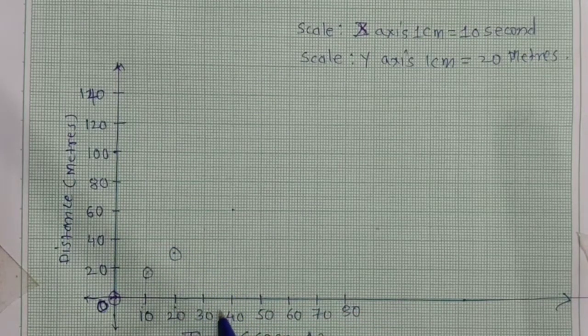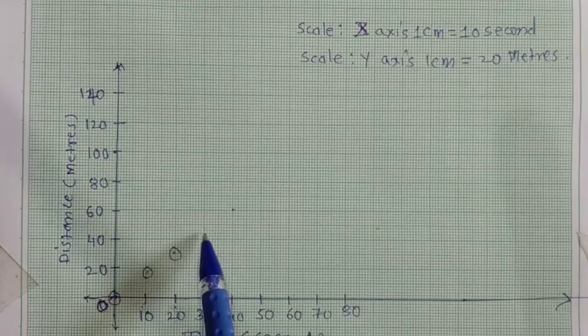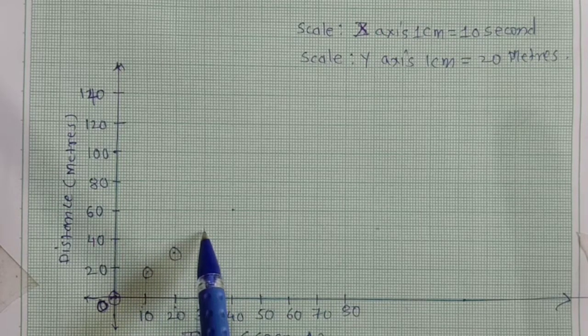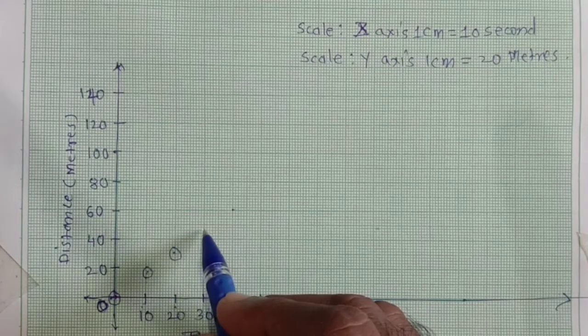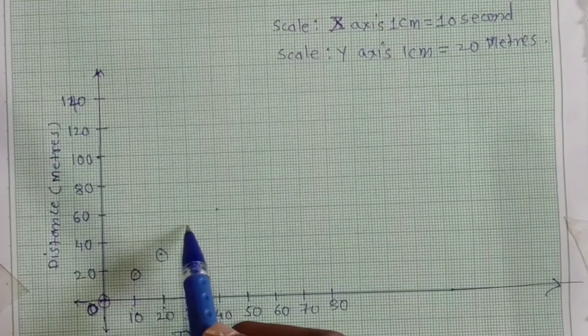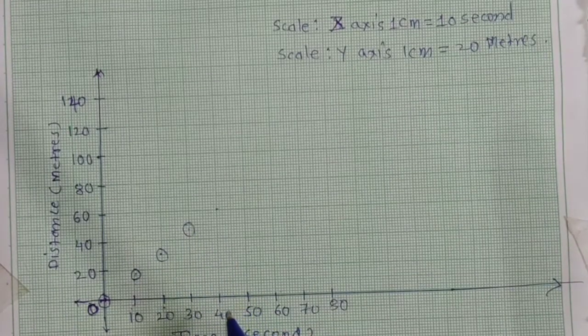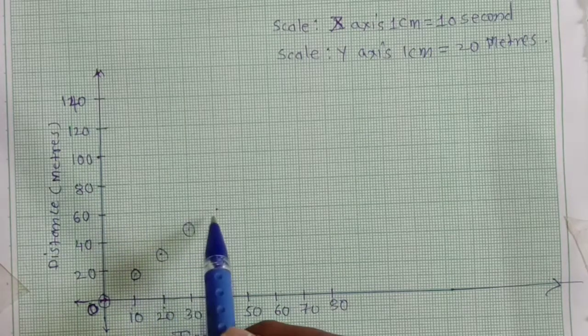Then fourth point, time is 30 second and distance is 45 meter. So from 40 meters line, the point is between second and third line. So fifth point is time is 40 second on x-axis and distance is 60 meter on y-axis.